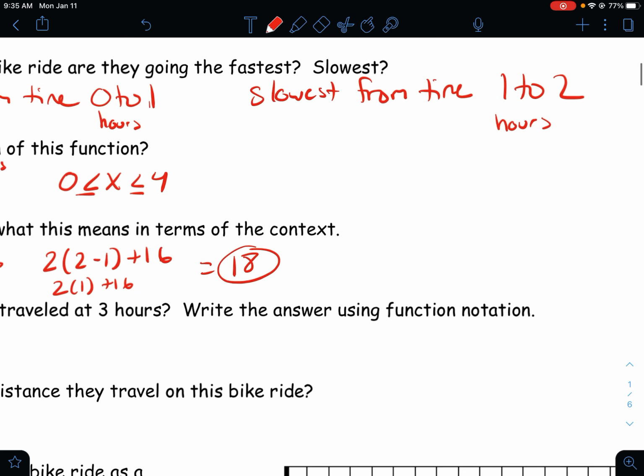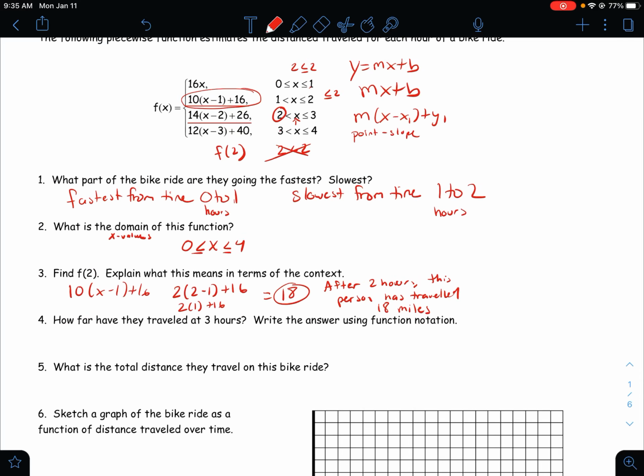All right, so after 2 hours, this person has traveled 18 miles.